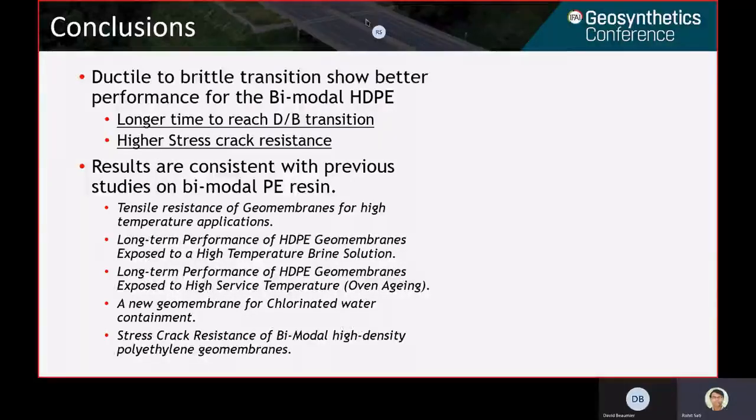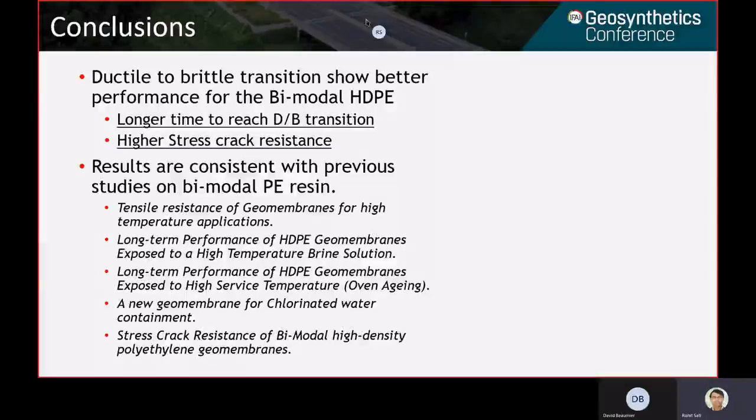But moreover, its stress cracking resistance behavior was found without any clear transition of the failure envelope from a ductile to a brittle behavior, which gave us longer time to reach the ductile brittle transition, as well as higher stress crack resistance when compared to a standard grade HDPE or MDPE material.